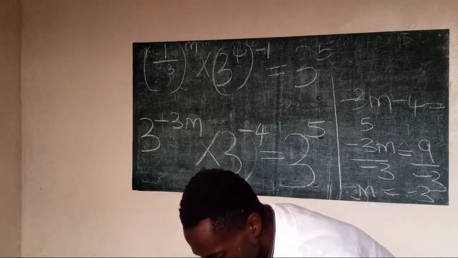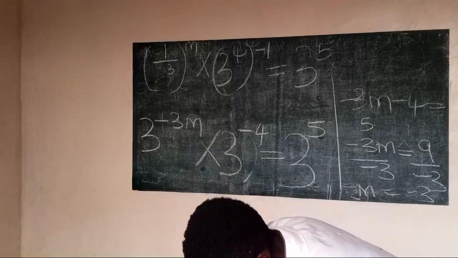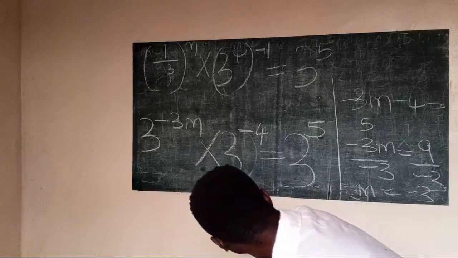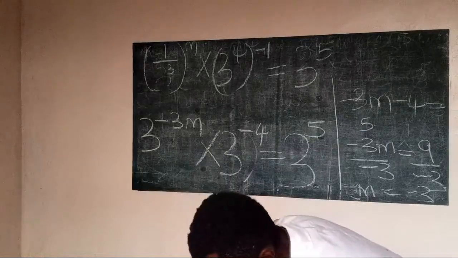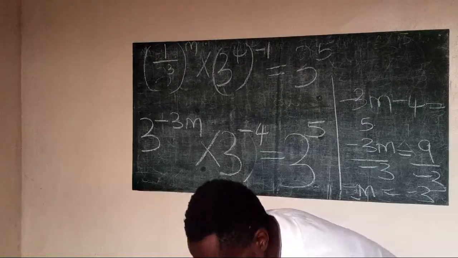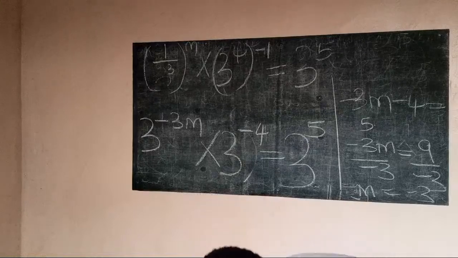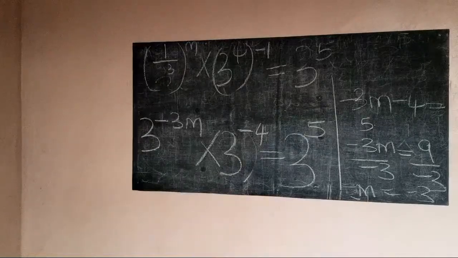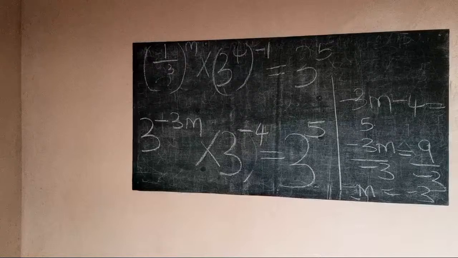Sasa unajua kwa nini nimepata positive 3? Sababu negative 3, negative 4. Sasa hii 4 kuja hii side nyingine inakuwa positive, inakuwa negative 4.